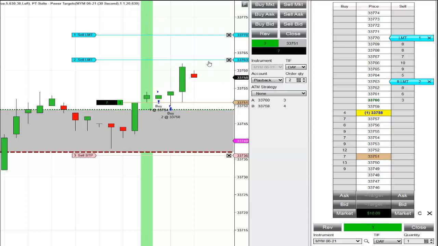Okay, so now you can see that we have a trade setup here, bracketed in real nicely. We're filled on 3. We have our full stop down below the range. We've got a quick target to pull 2 off. And remember, the whole idea of doing that is that it gets this remaining contract to a virtual break-even point.